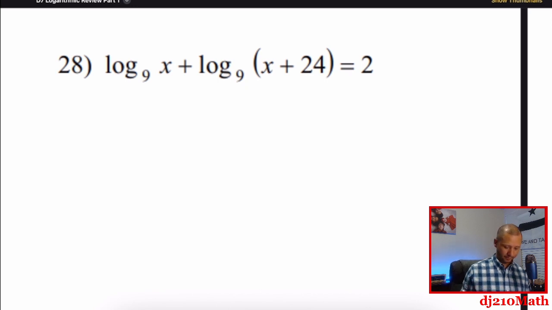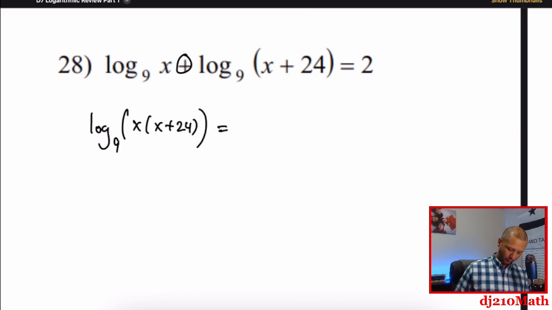It's slightly harder, but doable. So again, addition. So that means they're going to be multiplied, the argument, that is. So log base 9 of x times x plus 24 is equal to 2. So base 9 raised to 2, so squared, equals all of this.